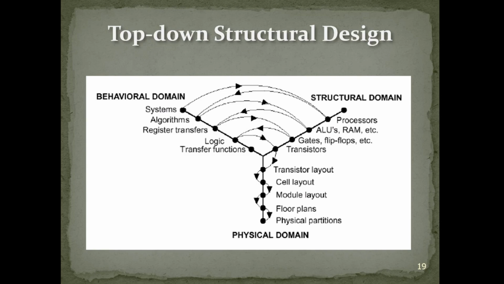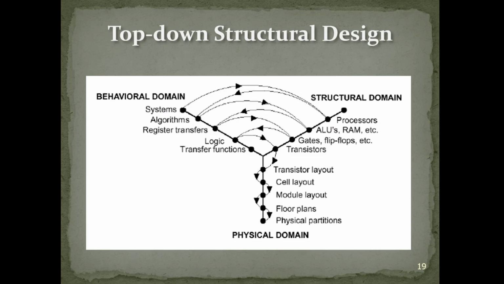Those processors, if we go back using that arrow to the behavioral domain, will run some sort of algorithm, because that's the job of a processor. Those algorithms, if we ping back to the structural domain, will rely on some components inside of the processor, for example, the arithmetic and logic unit, the RAM, and so on.